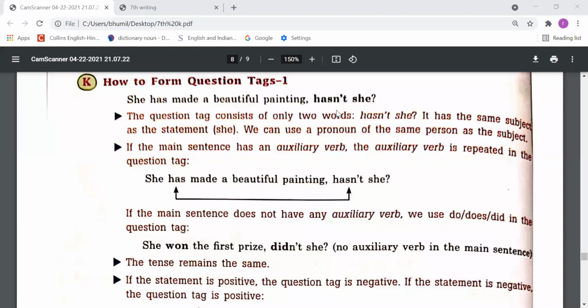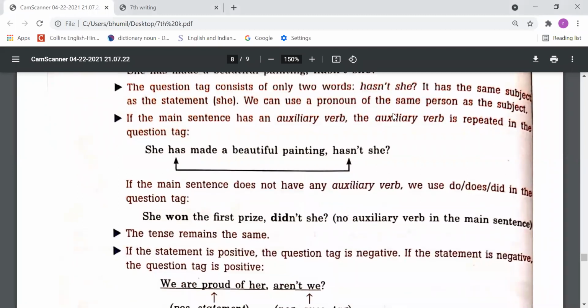In that case, we need to use a helping verb from our side, and I will let you know which helping verb we should use. So if there is no helping verb in the statement, we can use either do, does, or did according to the main verb.